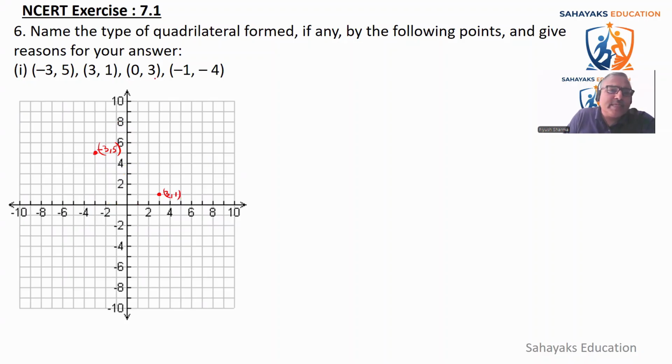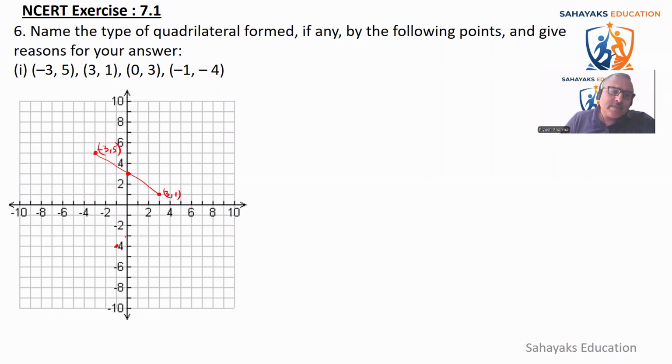When it says 0, 3, it will lie on the y-axis. This is the point. Hey, I could see that these 3 points are in the same line. That means it will not even make a quadrilateral. And then comes (-1, -4). Let's draw this point also. This is the point.